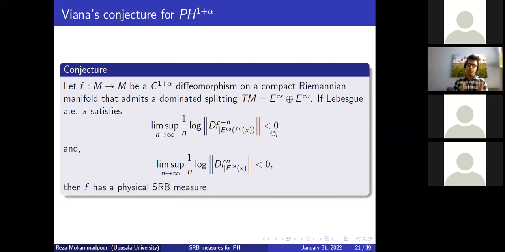So that's the Viana conjecture for partially hyperbolic systems. Then f has a physical SRB measure. So till here, are there any questions or comments?